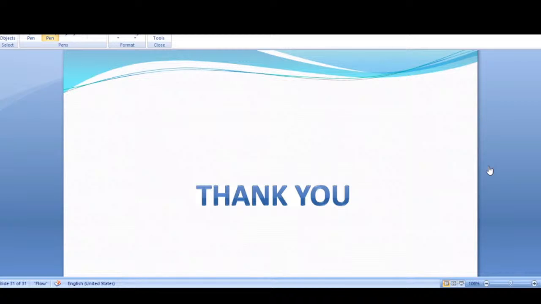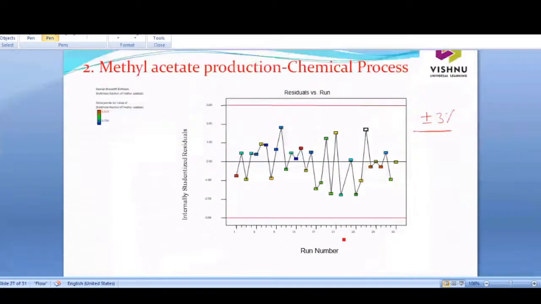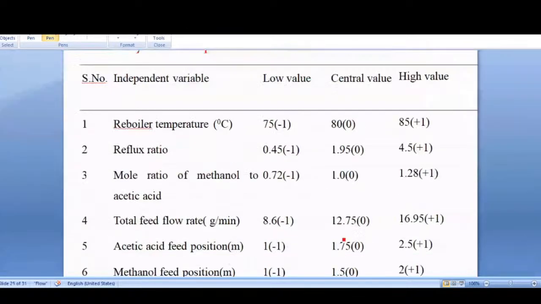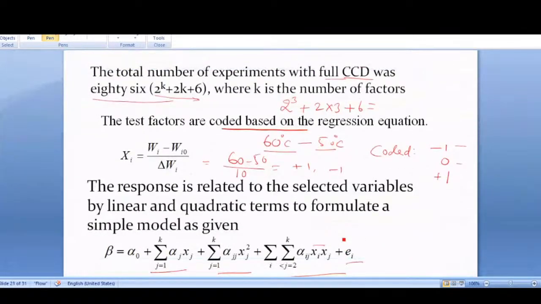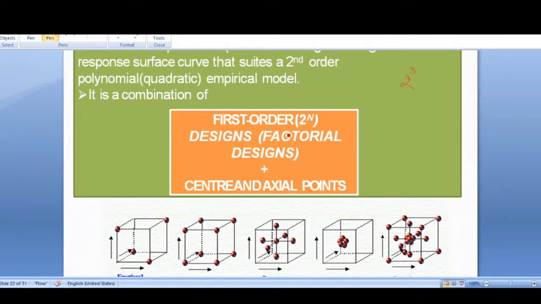No, madam, because as we said now, it is the combination of the 2-level factorial design plus central design points. This is a good question, madam, because in the CCD also there are small-scale designs and large-scale designs.